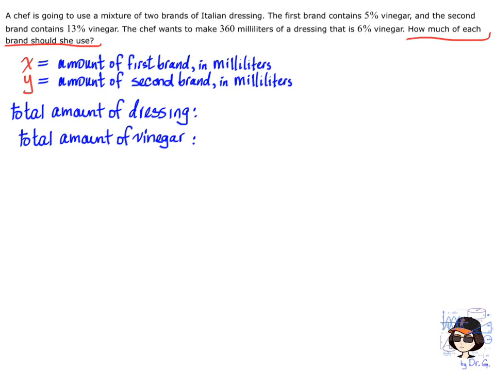So how much total dressing is there? Well, she wants to end up with 360 milliliters of dressing in the end, and she's going to get that by combining the first brand and the second brand. Well, X milliliters plus Y milliliters have to turn out to be 360. So X plus Y has to be equal to 360 milliliters.